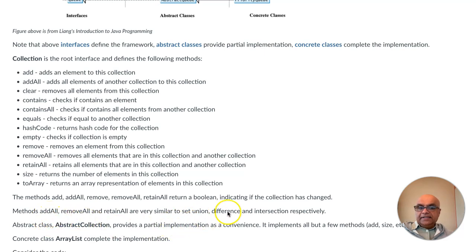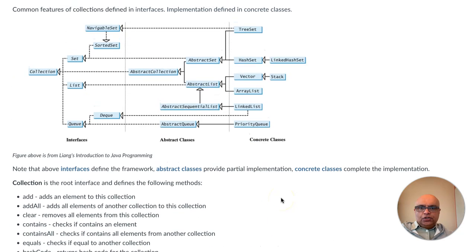Remove all is the same as set difference, and retain all is the same as set intersection, respectively, right? Okay, so note I had mentioned that you start with interfaces, then you implement them partially with an abstract class, and then you give full implementation.